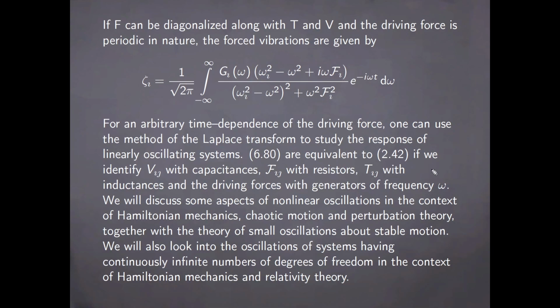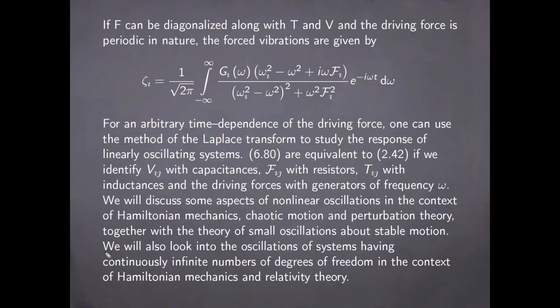Some things that we will treat in more detail are aspects of nonlinear oscillations, but in the more advanced context of Hamiltonian mechanics, chaotic motion, and perturbation theory. And we will do this together with the theory of small oscillations about stable motion. We have treated these to some extent when we looked at the central force problem, but we did it in an intuitive way. So later on we will see the formal theory behind the treatment of such problems.